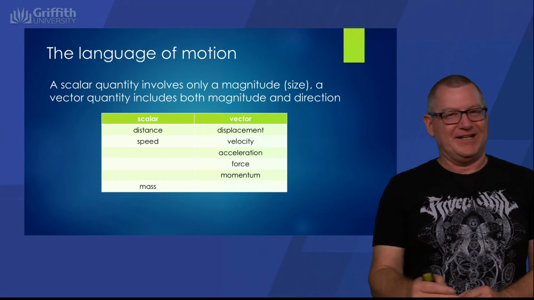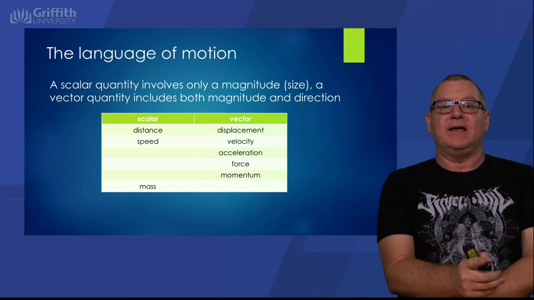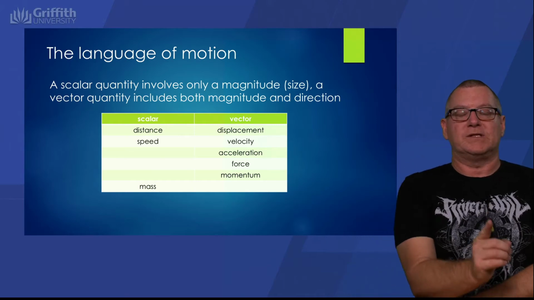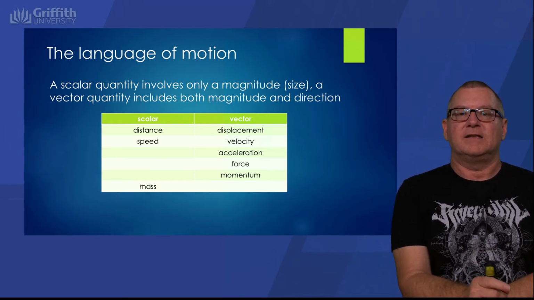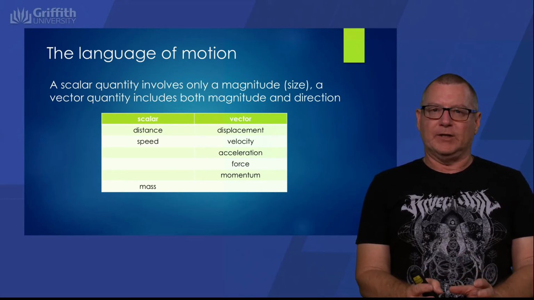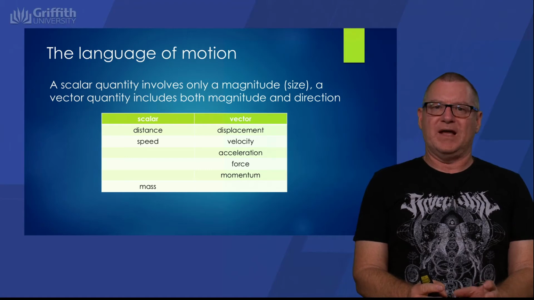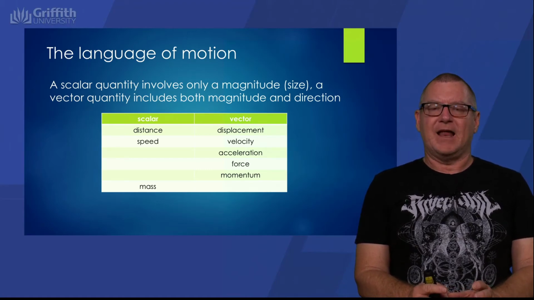Adding a direction onto that kind of number doesn't make any sense. So in science, we use the notion of mass as a scalar. If something weighs 1 kilogram, it doesn't weigh 1 kilogram upward or downward or sideways or northeast. It weighs 1 kilogram. That's a scalar number.